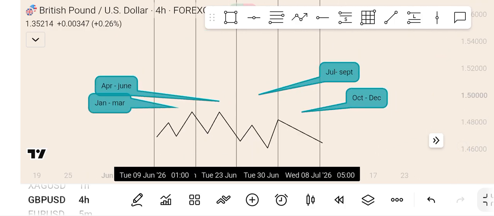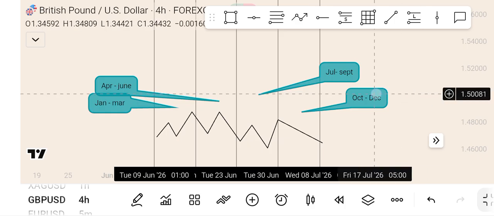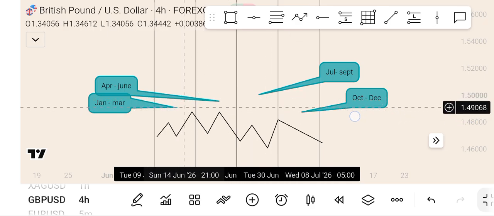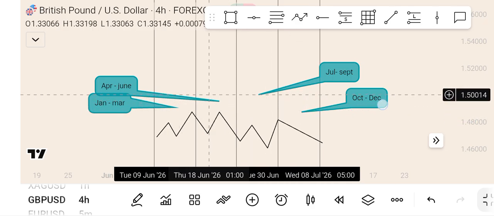Now, talking about the quarterly theory, each of these quarters has a specific way of behaving. The way they behave leads us to what we call the AMDX model: accumulation, manipulation, distribution, or reversal.